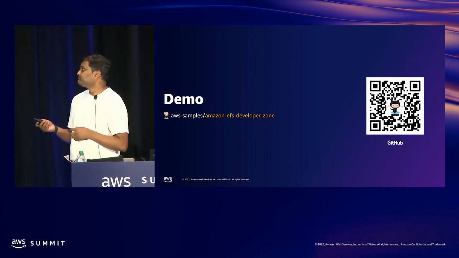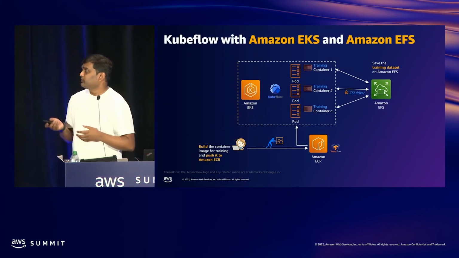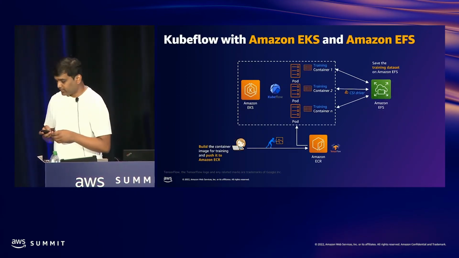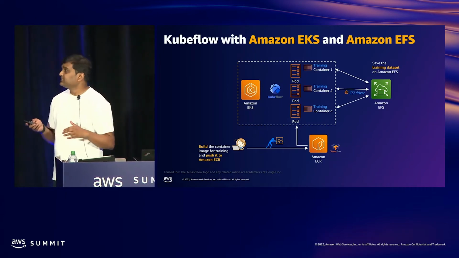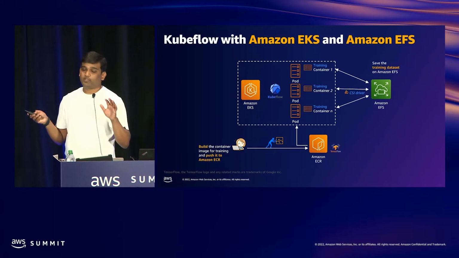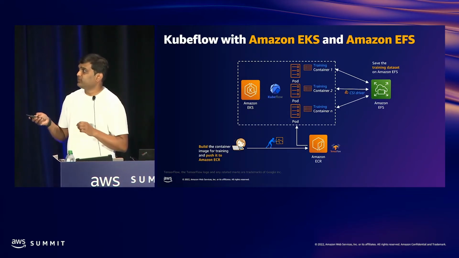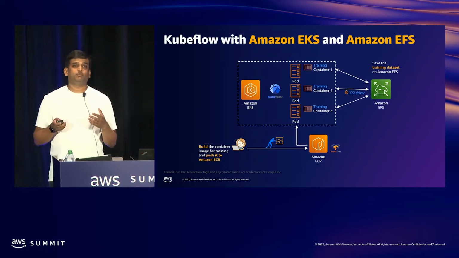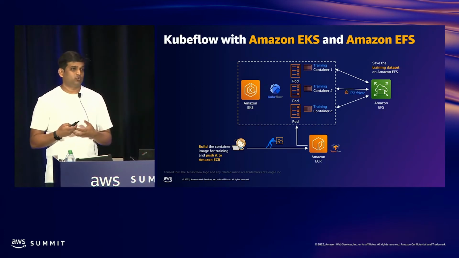Okay, so this is what we are going to do in the demo. Let's break things up. We are going to have an EKS cluster, which I have already created. In this case we are using EKS, but it could be a self-managed Kubernetes cluster as well.